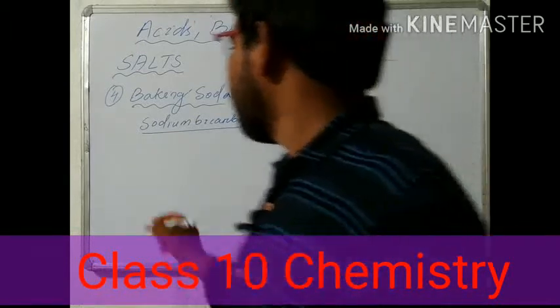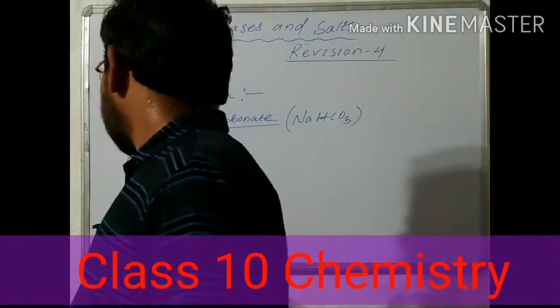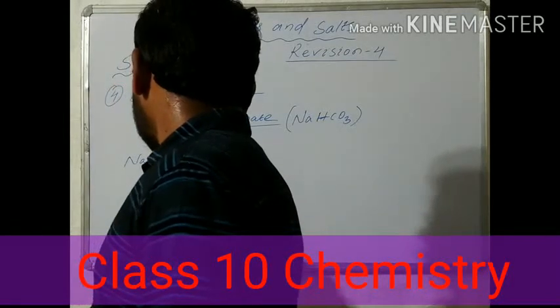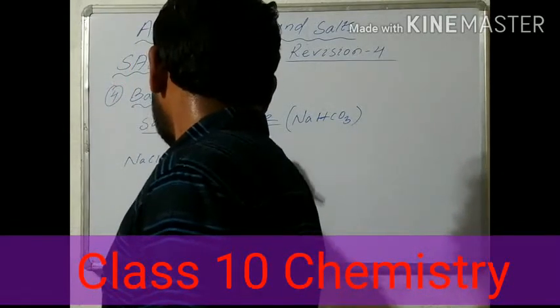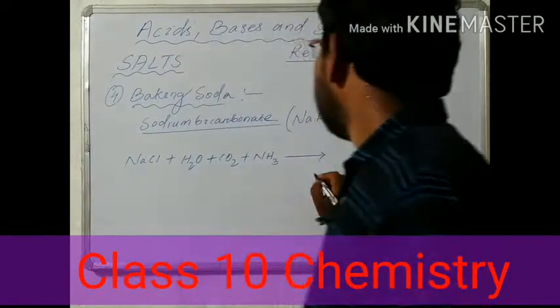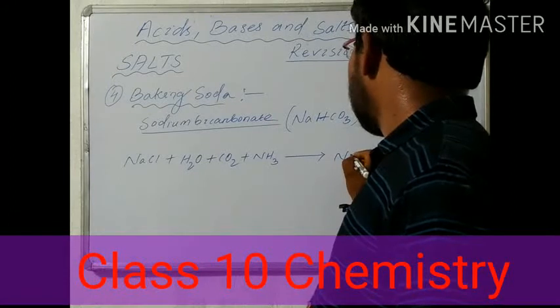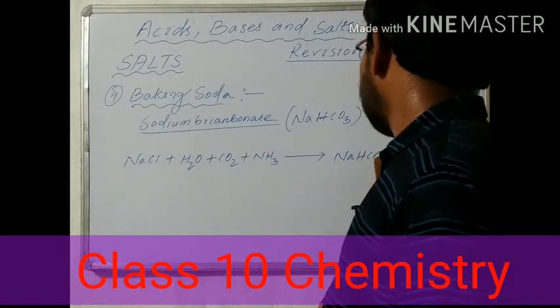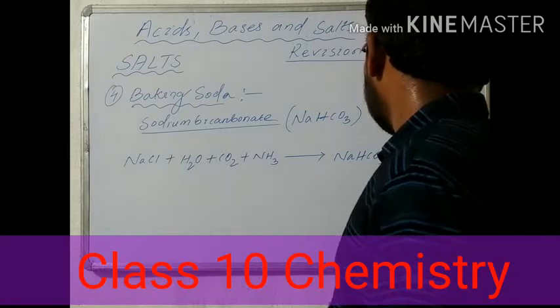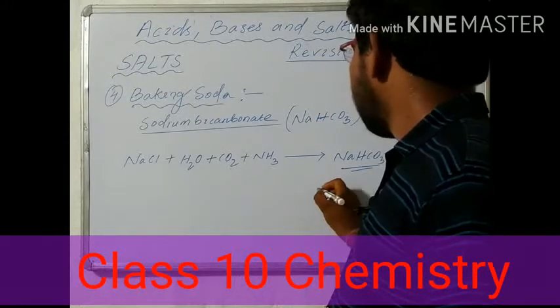This sodium bicarbonate is prepared by a reaction of NaCl plus H2O plus CO2 plus NH3, that is water and ammonia. Here it forms sodium bicarbonate NaHCO3 plus ammonium chloride NH4Cl. This is baking soda.